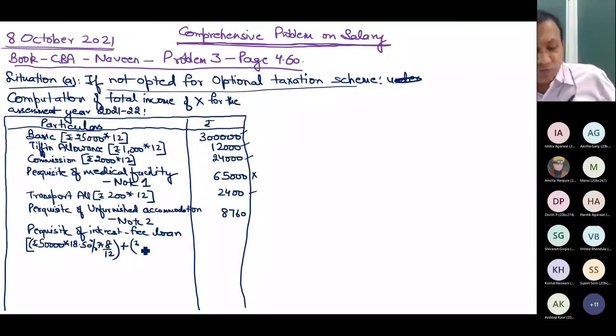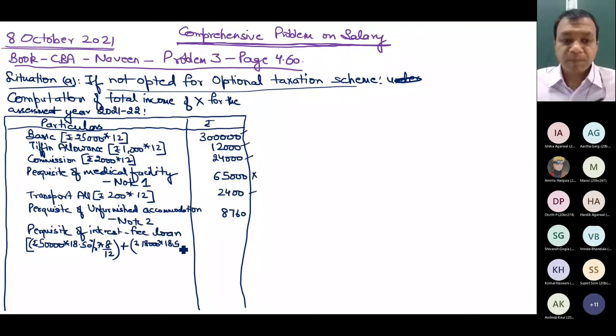That means in the month of December, I paid 32,000 also. So only 18,000 is outstanding. 18,000 into 18.5% into 4 by 12. That's it. So this gives me the value of interest-free loan. Please compute the value.